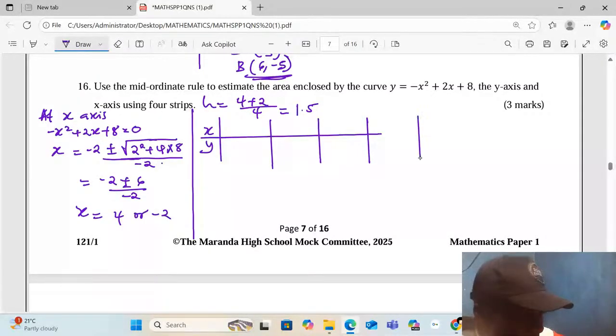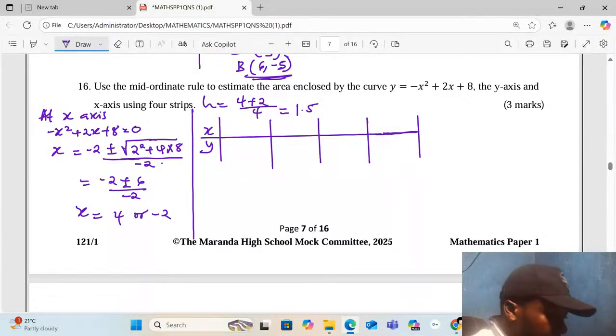That is how we get the 4 strips. So we are going to start with x. Now when x is negative 1.25.